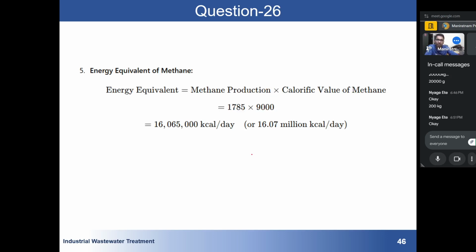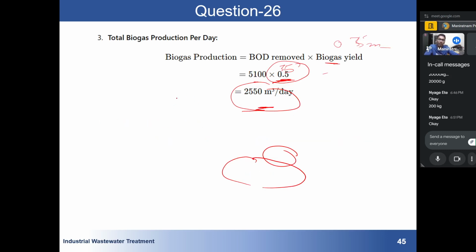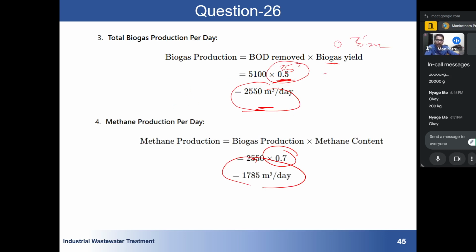For the energy equivalent, whatever the answer of the fourth step, we multiply it by 9000 and we get kilocalorie per day. So 16.07 million kilocalorie per day of energy is being produced. Any doubt here? Only a small error was here: instead of 0.5 it will be 0.35.